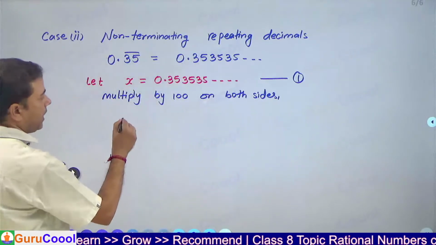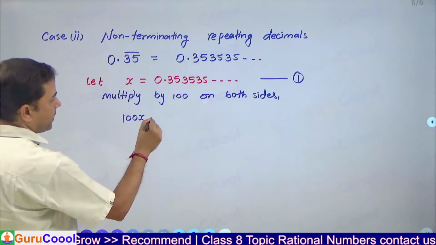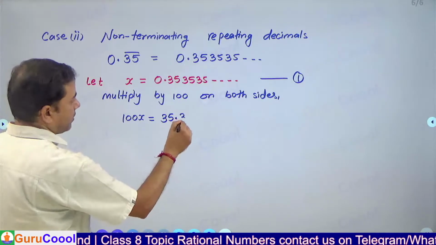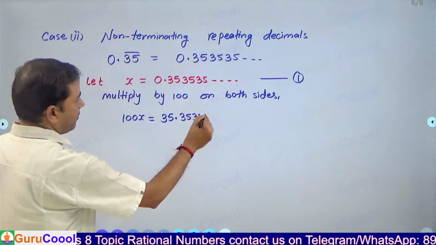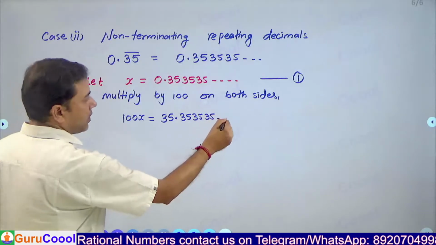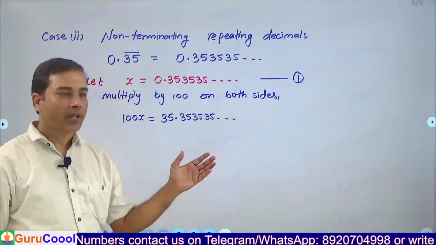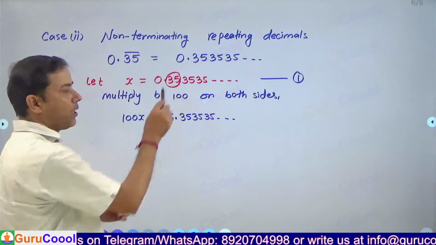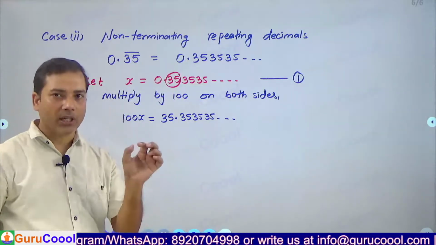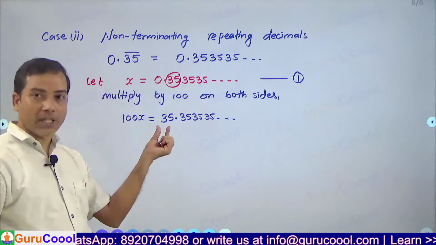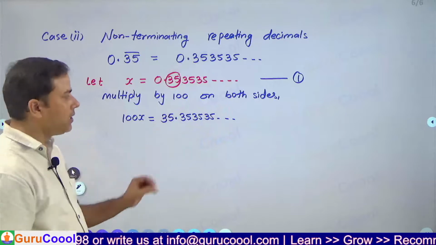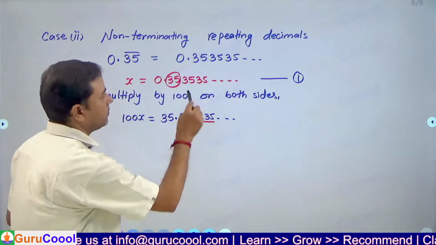So on the left side we have 100x. On the right side we have 35.35, 35, 35 and so on. Notice what happened. One complete chunk came to the left side of the decimal and the remaining things are exactly the same on the right side.